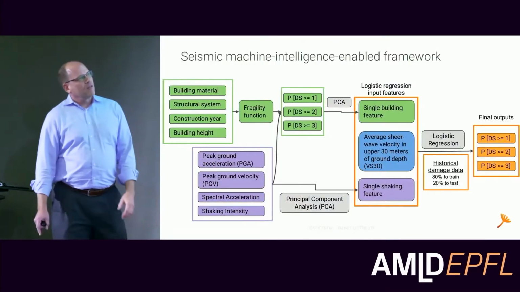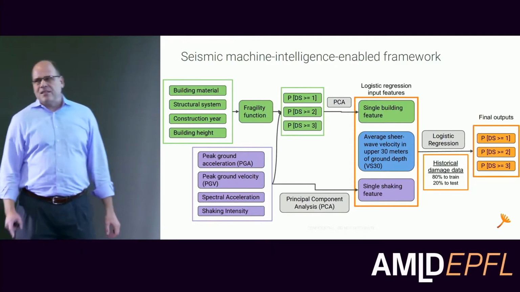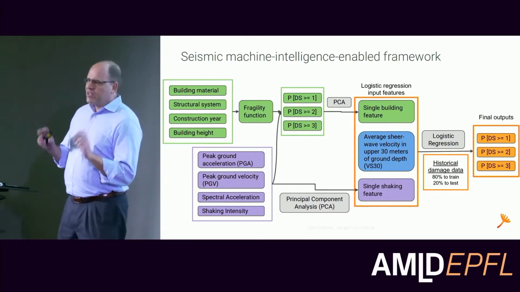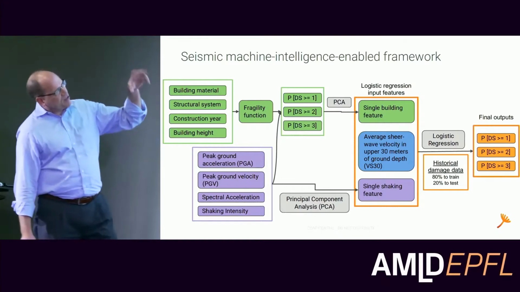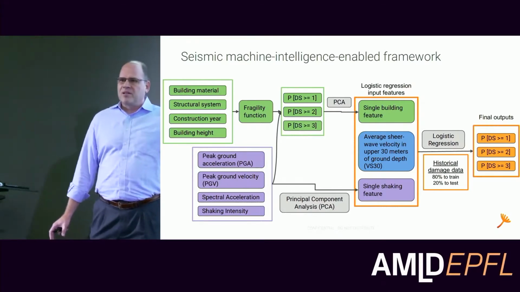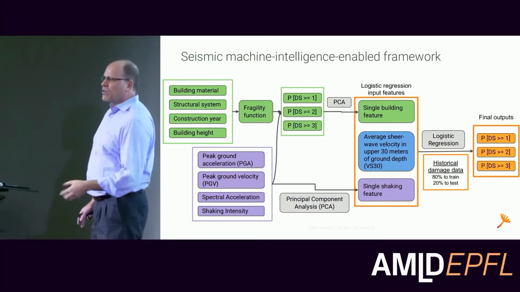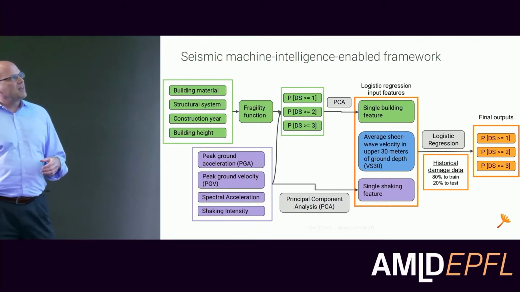I'm not really going to go through this whole structure, but this gives you some idea of where we're applying what I would call machine intelligence. So for example, in this particular slide, I've got logistic regression up here. This could actually be replaced with other things. I could use random forests. There are other approaches that we've looked at.